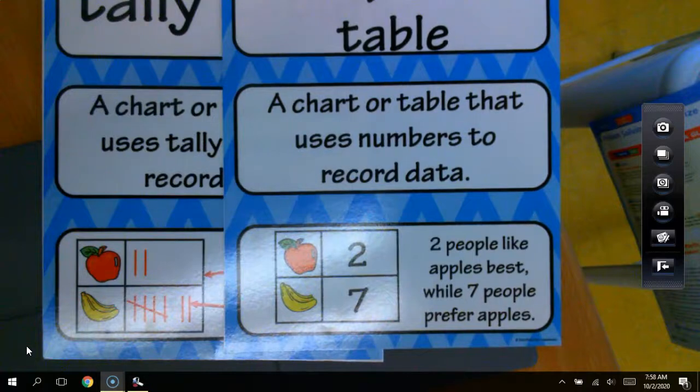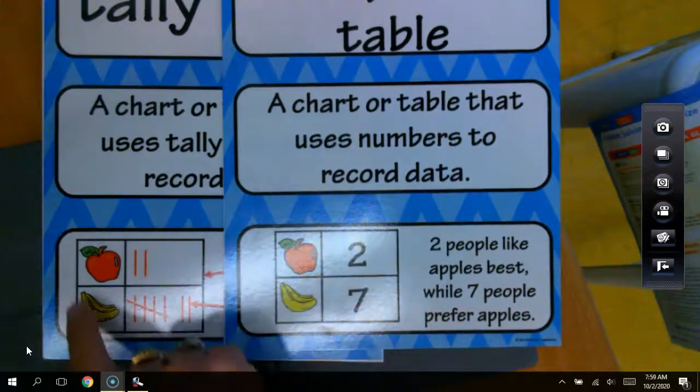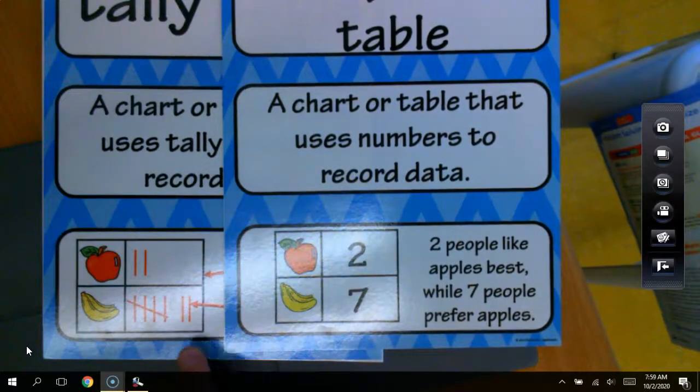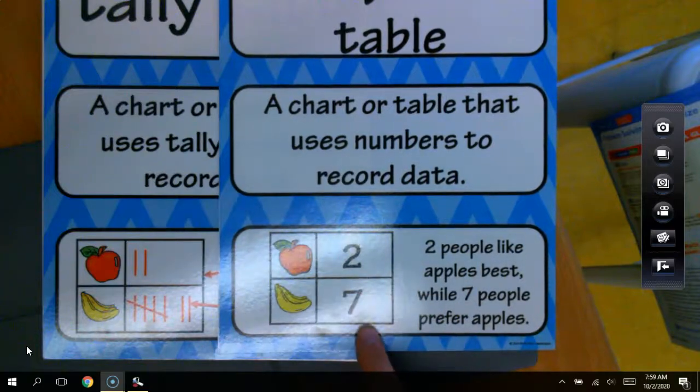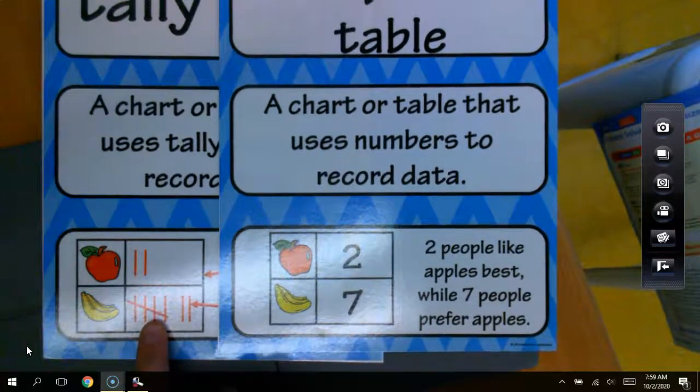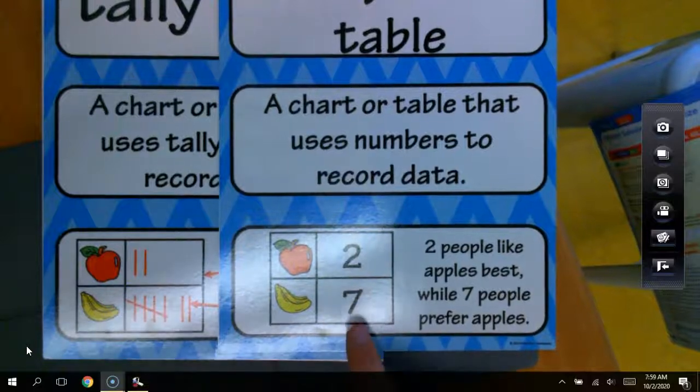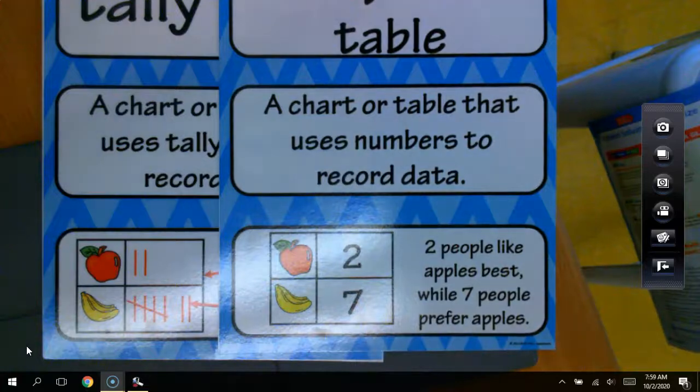The exact same information, just one is displayed in a tally table and the other one is displayed in a frequency table. A tally table uses tally marks. A frequency table uses numbers. So those are 2 vocabulary words that you're going to hear me talk about during today's lesson.